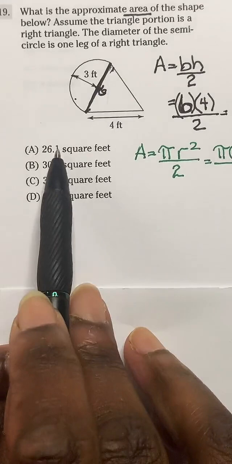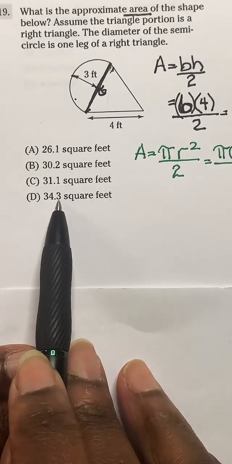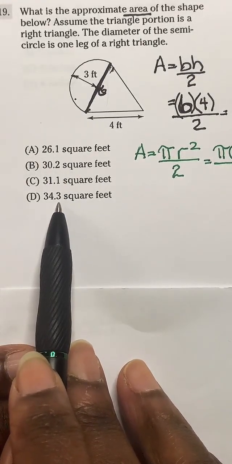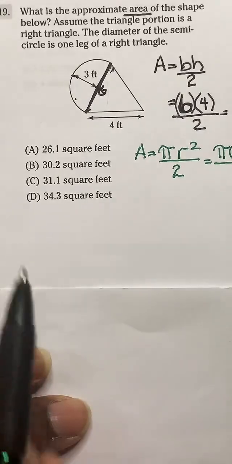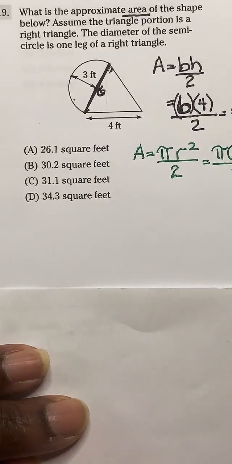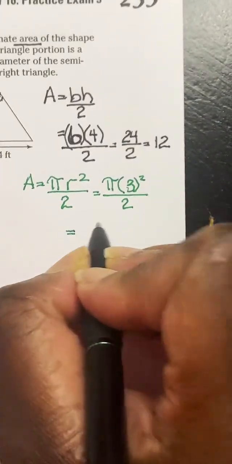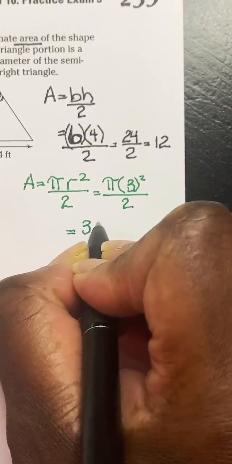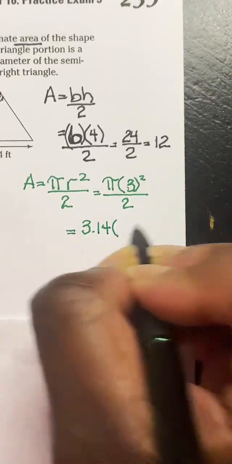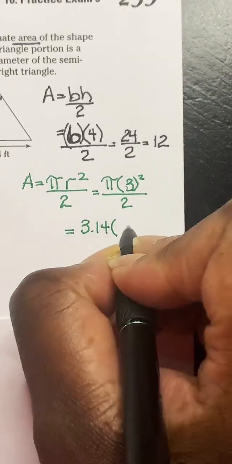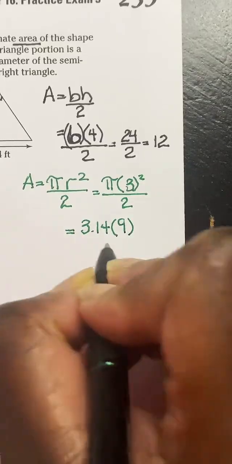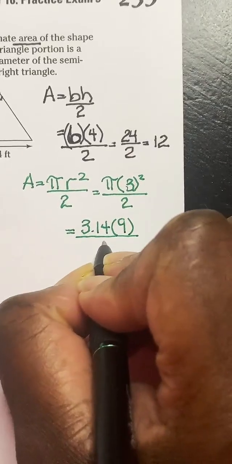Since they're all rounded to the tenths, having that 14 hundredths is going to help us a little bit with the rounding. So let's take a look. We have 3.14 times my 3 squared. 3 squared is 9, over 2.